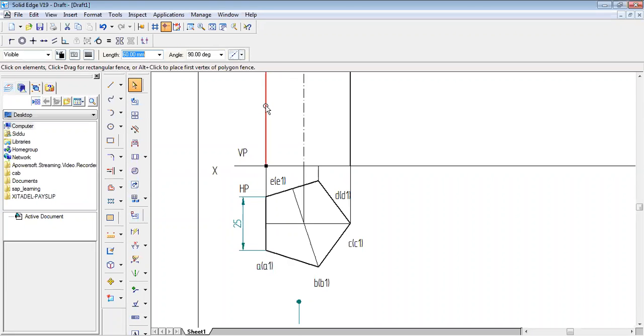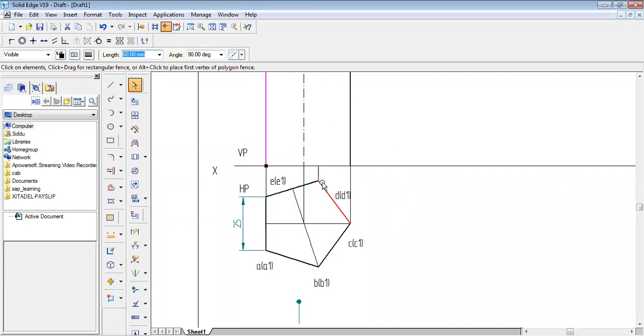Here also we should take care. B is also visible to me, so I have to draw one more edge which is going to be a seen edge.